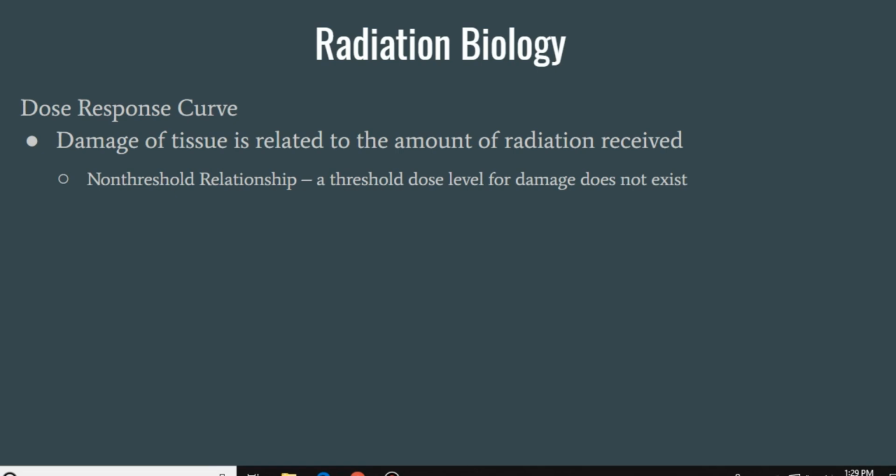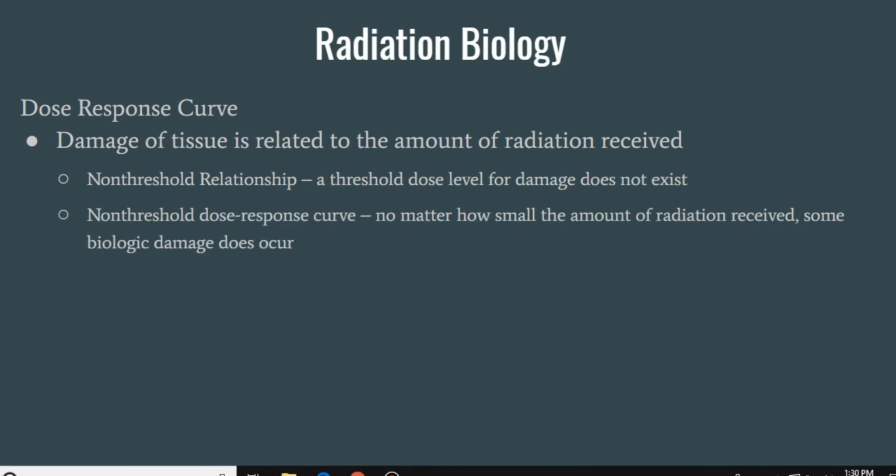This has something called a non-threshold relationship. So a threshold dose level for damage does not exist. So what that is saying is that no matter how small the amount of radiation is that is received, some biological damage will occur.